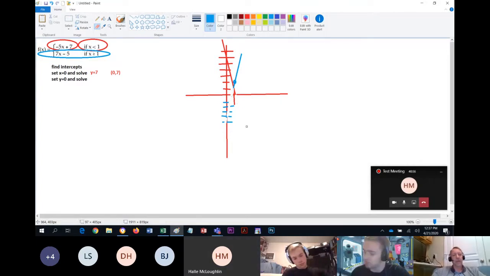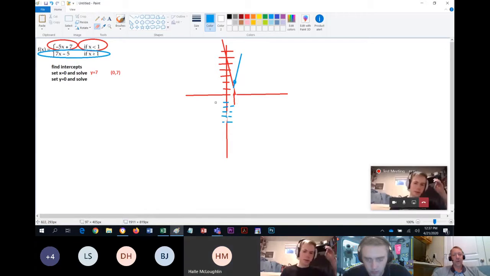So where does y equal 0? At the point we already found. Yeah, this point, it's kind of hard to see because I've erased it. This point right here, right? Now the problem is, can x equal 1?